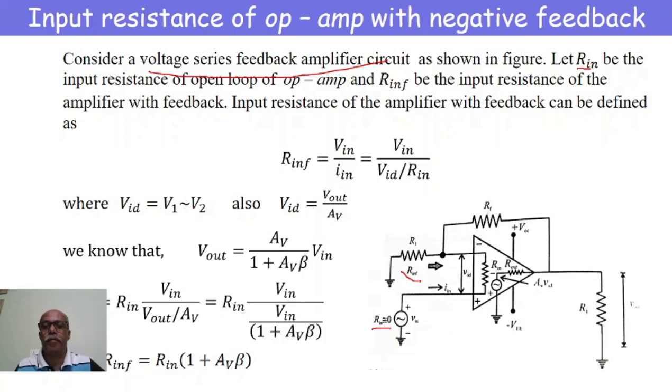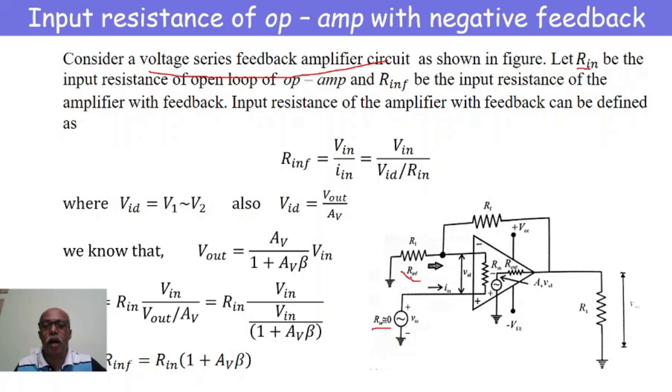With feedback, there are two resistances. The opposition offered to the flow of current by the inverting terminal is Rinf. Since it is connected to the feedback, it is therefore the input resistance with feedback. And the resistance offered to the flow of current by the non-inverting terminal is Rin, since it is not connected to feedback, and therefore it is just Rin.